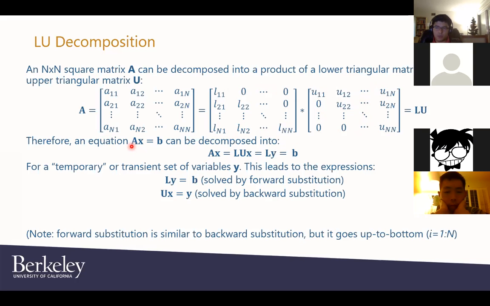So for the equations we had before, Ax equals b, we can decompose it into Ax equals LUx. So A equals LU, so LUx equals b. If we say that Ux equals y, then Ly equals b. So why do we care for this?